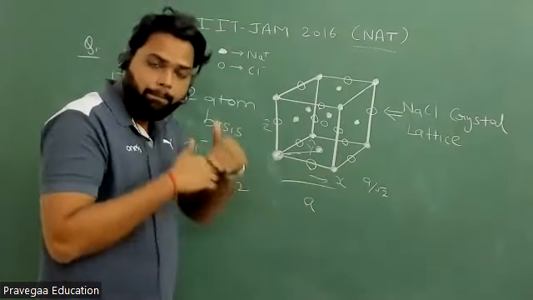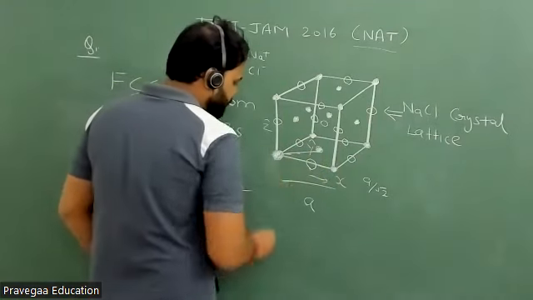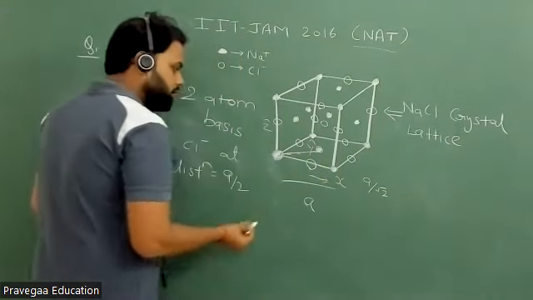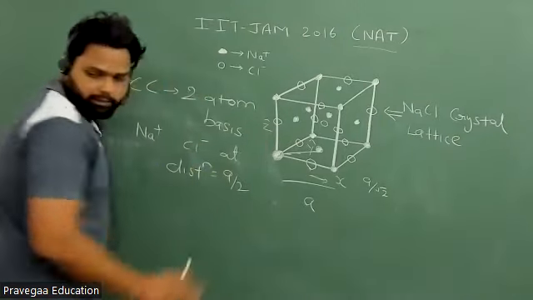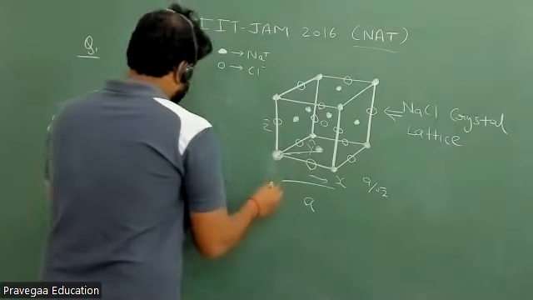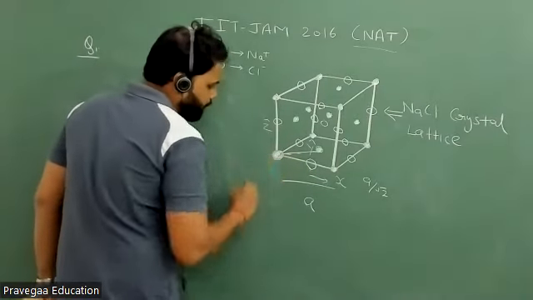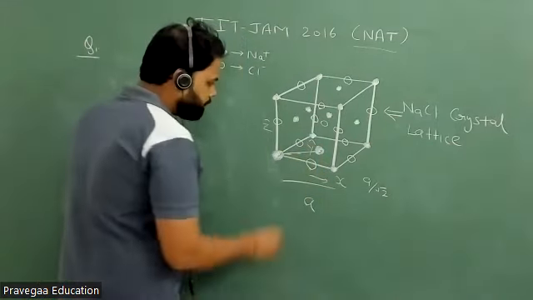But we have to find the number of second nearest neighbors. How many second nearest neighbor ions will there be to this sodium ion? Again, we will go through the symmetry. Taking this sodium ion as the reference point, one sodium ion is present at this face center.